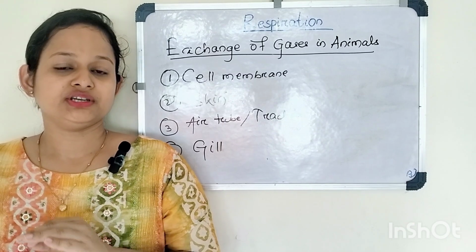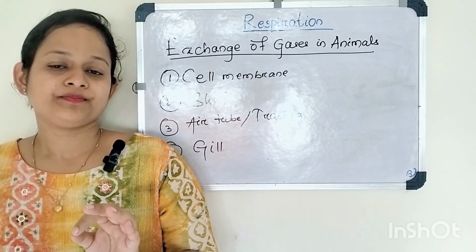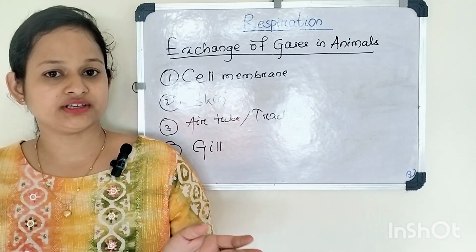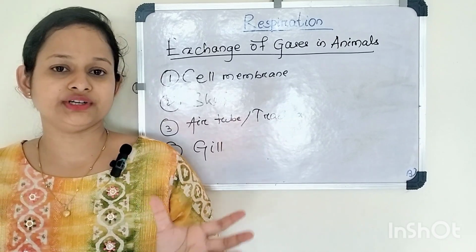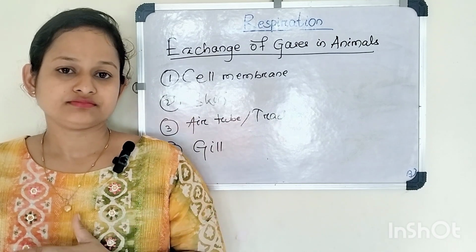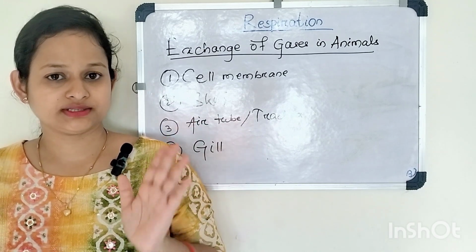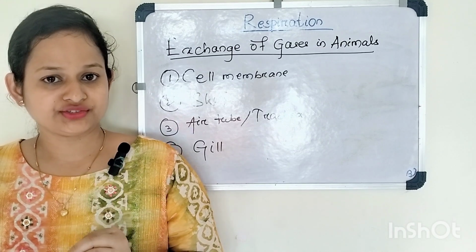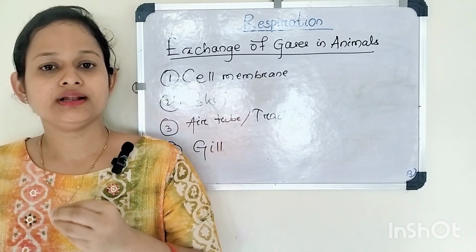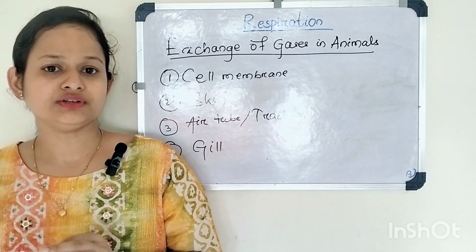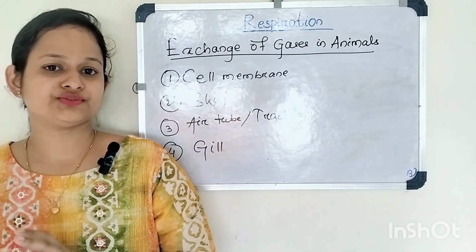When oxygen enters through the spiracle, it goes to the trachea, and from the trachea it goes to different cells of the body. Then from the cells it comes back in the form of carbon dioxide, and again it comes out through the spiracles to the atmosphere.